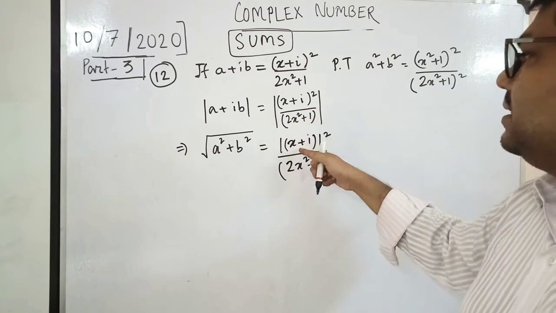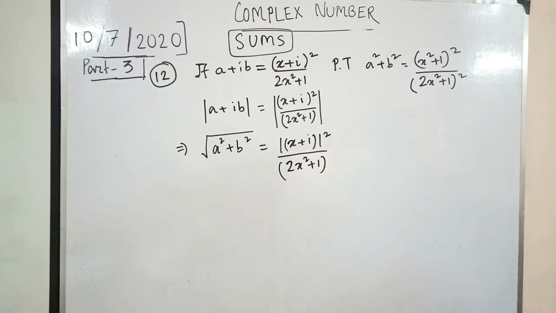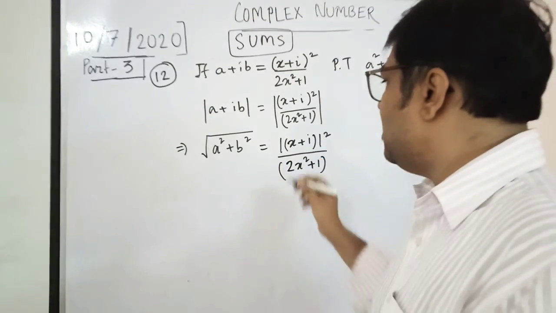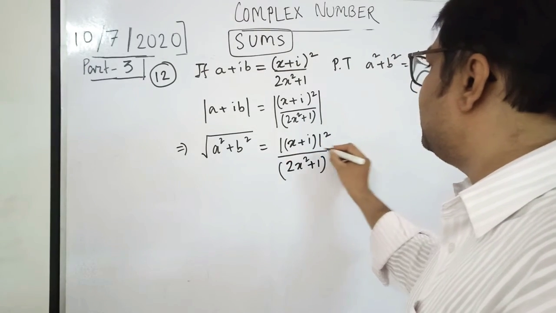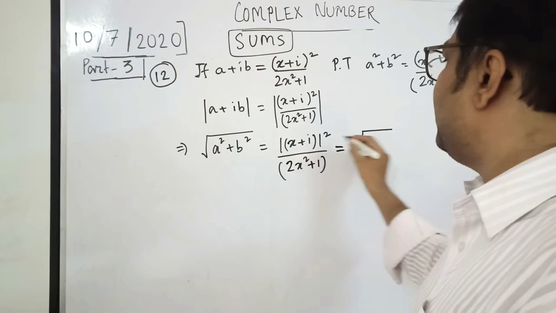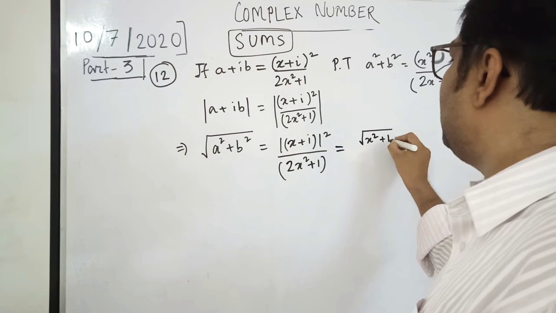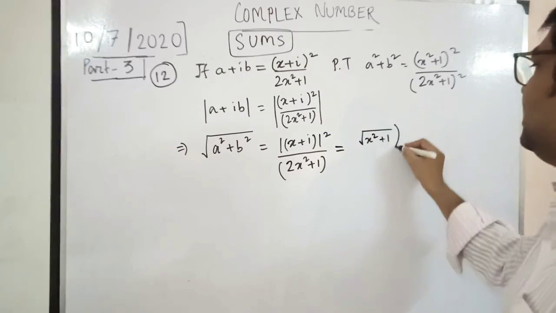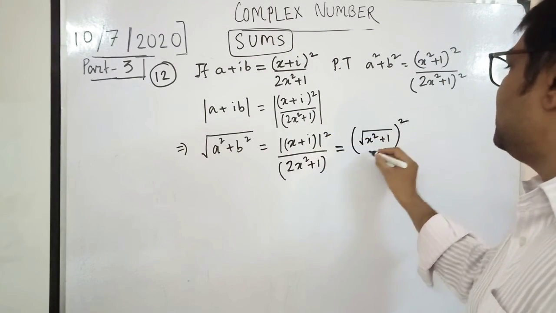So here the square is going outside the modulus. Now if I write beside it the mod of x plus i, it is root of x square plus 1. Why 1? Because i into 1 is the b part, and we square it.